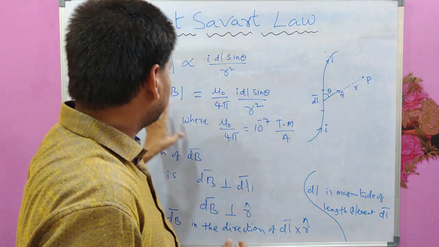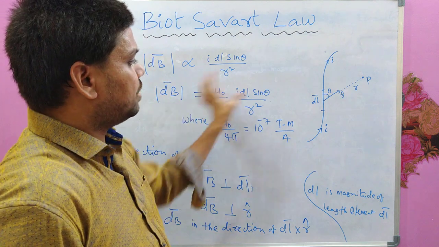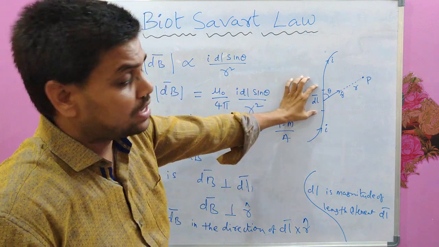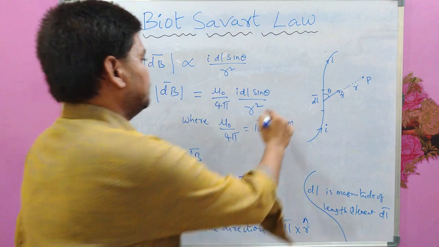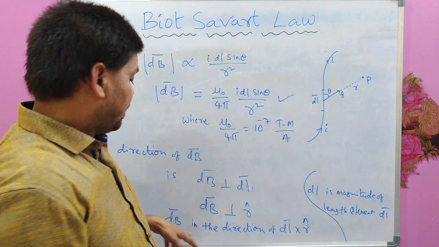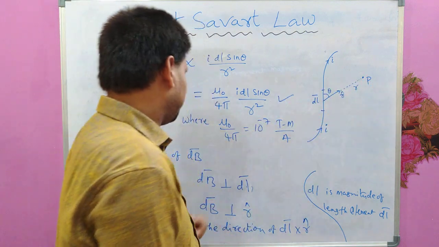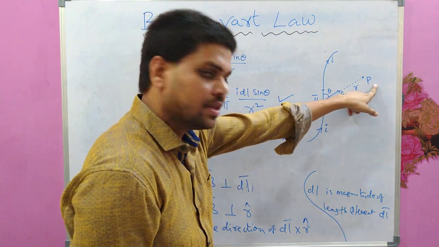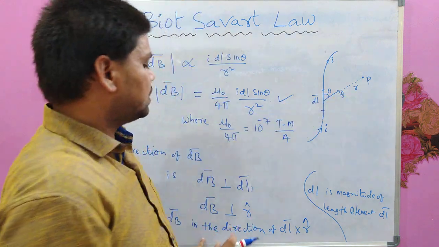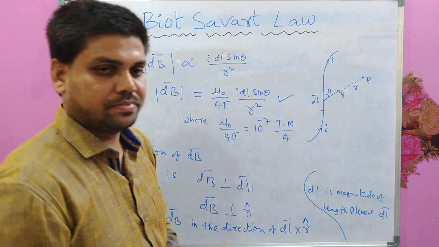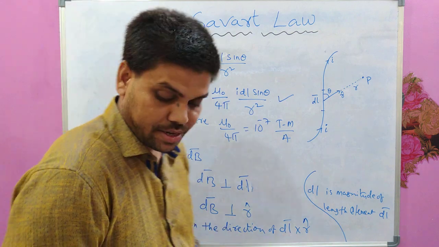So we have seen what is the magnitude of the magnetic field produced due to the small element dl at this point, which is this. And if you see the direction of this magnetic field produced at this point, this is in the direction of dl cross r cap.